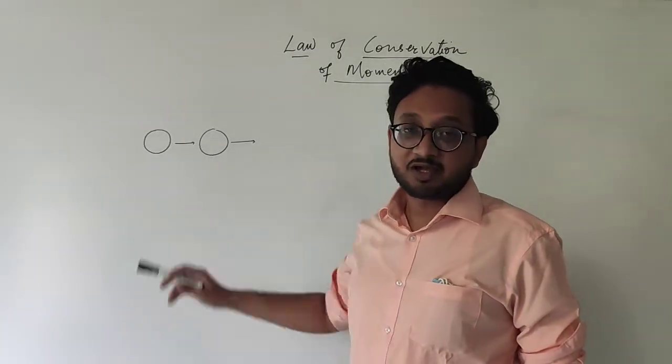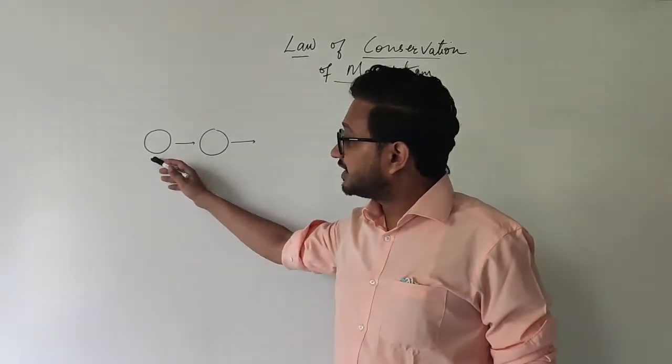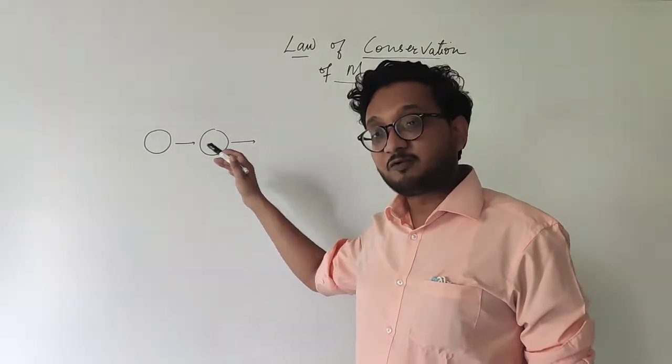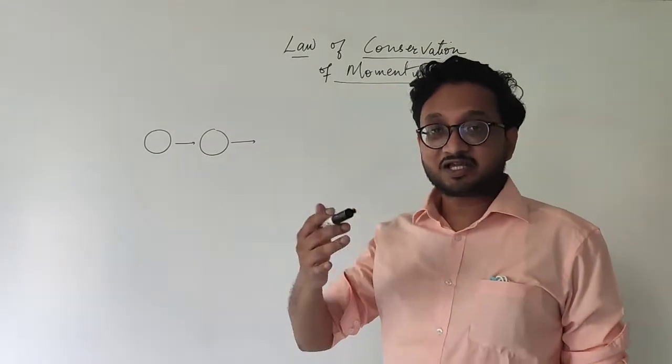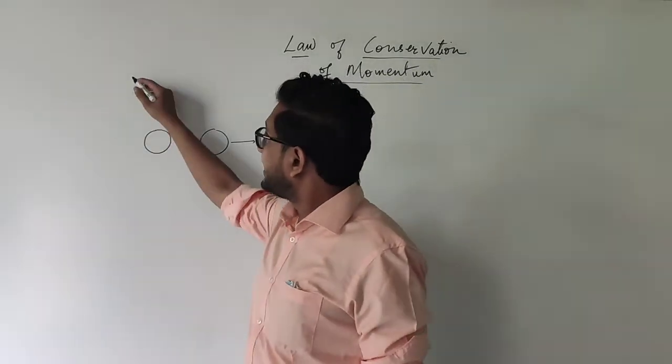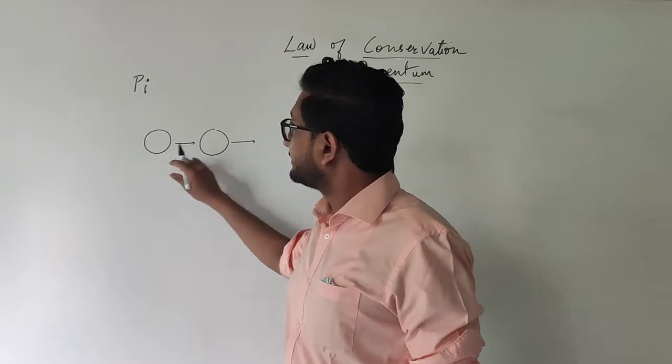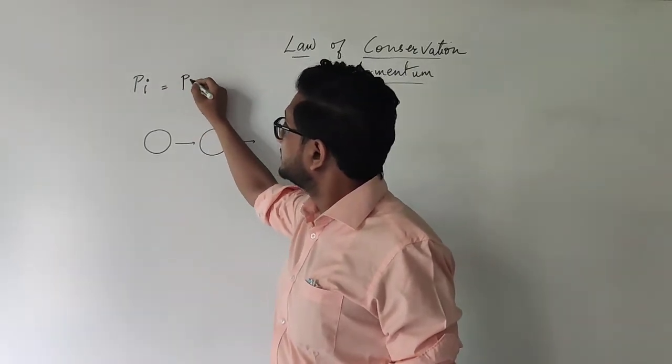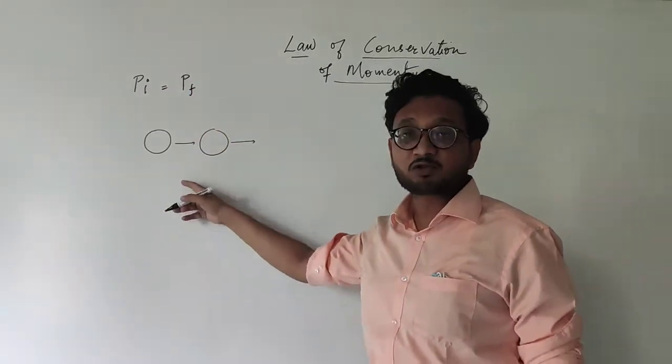We find the value of the momentum of both of these objects and take a mathematical sum of that. Now the interesting thing is the combined initial momentum of both of these objects will be equal to the combined final momentum of both of these objects.